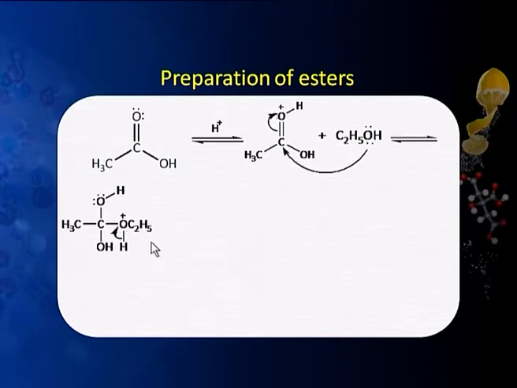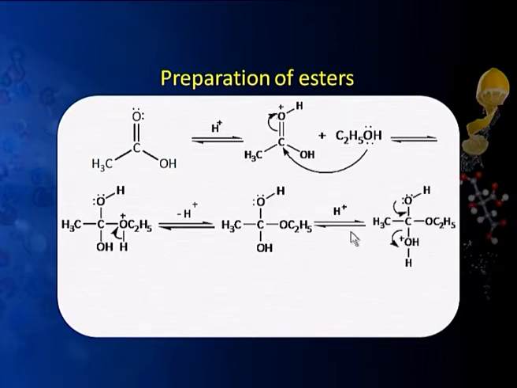Now the oxygen of the ethanol has got a positive charge, and it loses H plus, and we get this sp3 hybridized situation where the carbon has 4 groups attached to it. Again H plus may add to any of these oxygens.